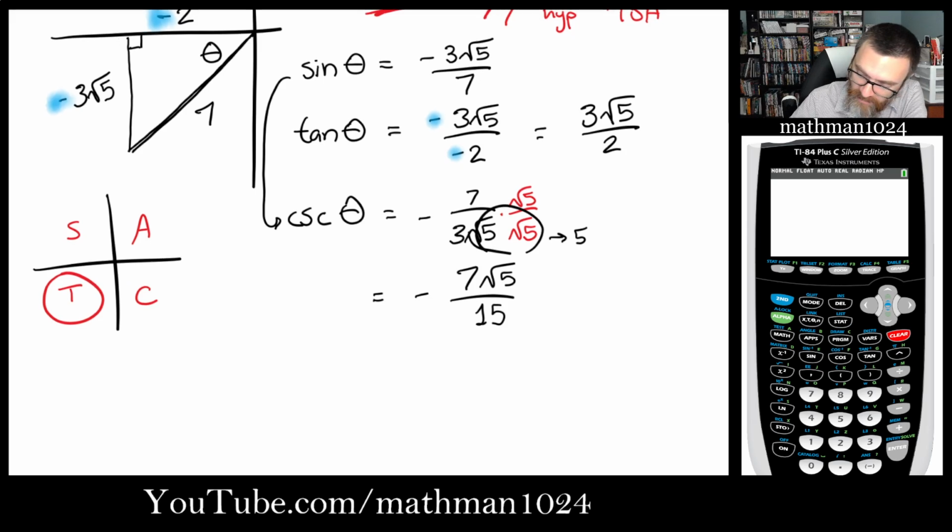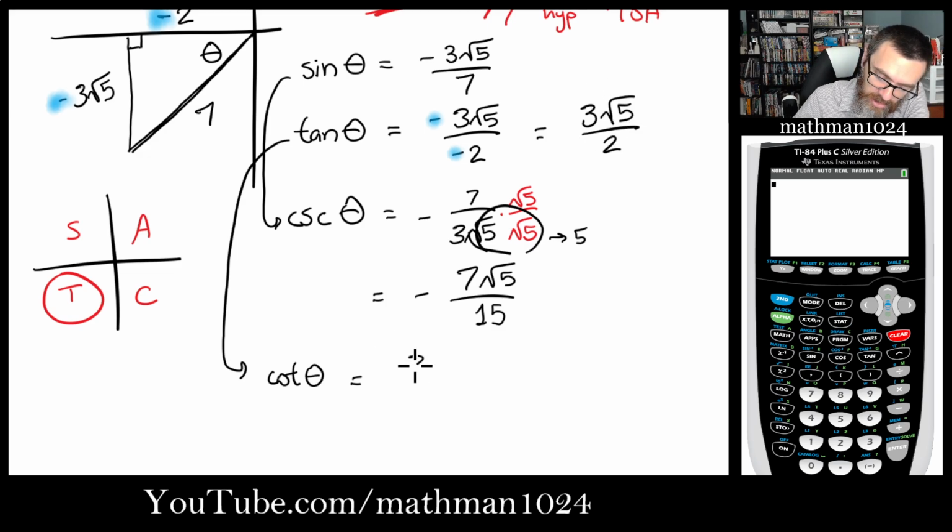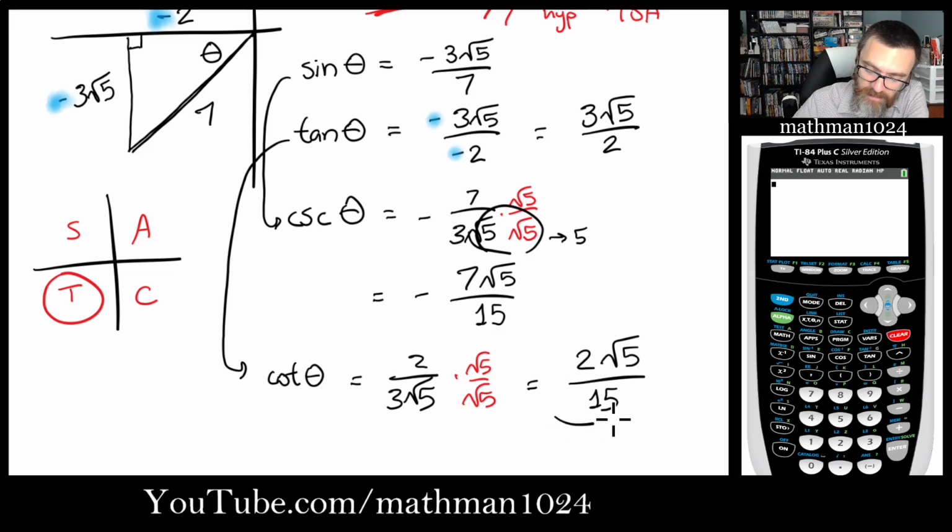And then from tangent, we're going to come up with cotangent. So that's going to be the reciprocal of this guy right here. So that's going to be 2 over 3 square roots of 5. Again, rationalize, and we have 2 square roots of 5 over 15.